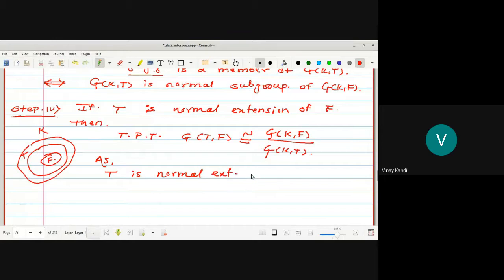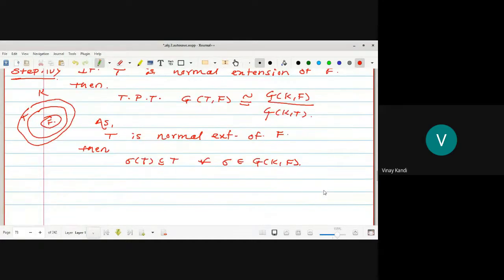Capital F. Then, by the previous theorem, sigma of T is contained in T, for all sigma belongs to G(K/F). Okay, we proved this one. That is sigma of small t belongs to capital T, for all small t belongs to capital T, and sigma belongs to G(K/F).